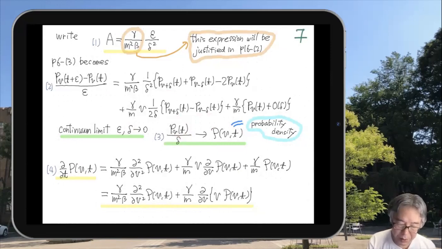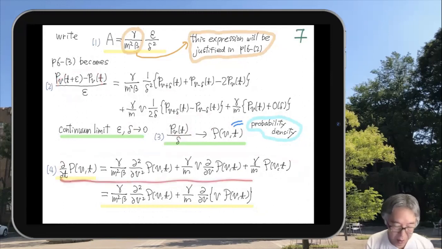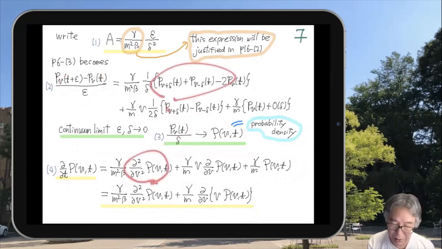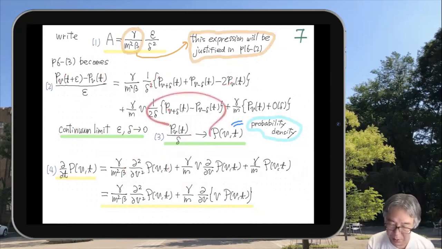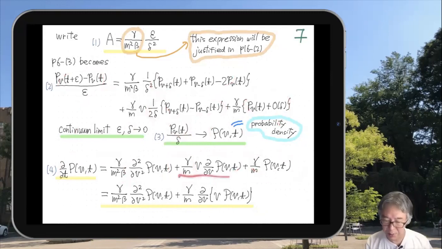And if you take this limit, this converges to this partial differential equation. This divided by delta becomes this, this divided by delta becomes this twice derivative, this becomes this first derivative, and this becomes this. Now you have these terms, and it happens all the time, but you can combine this into one formula like this.